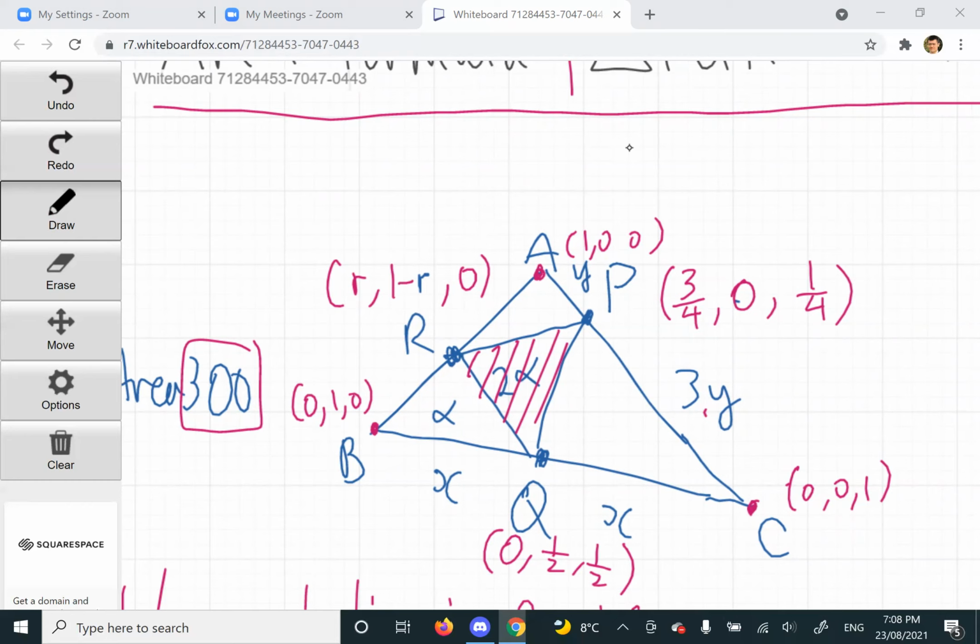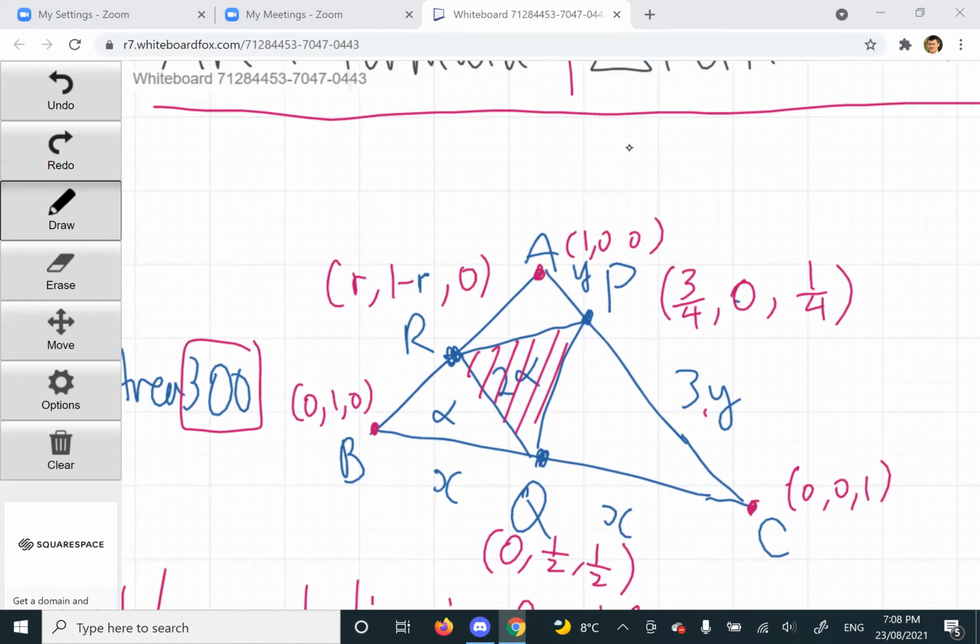So triangle BRQ, yeah? Sorry, it's triangle BRQ and triangle PRQ.